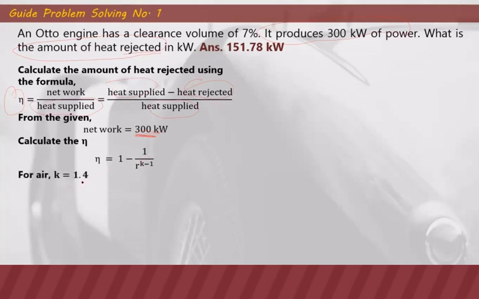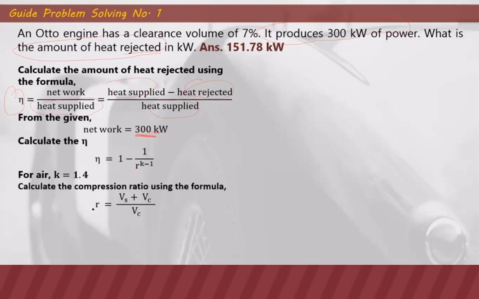For air, the value of k is 1.4. So we are going to use k equals 1.4 since in our air standard cycle, we have air as our working fluid. We are going to solve for the unknown from this equation, which is the compression ratio, r.